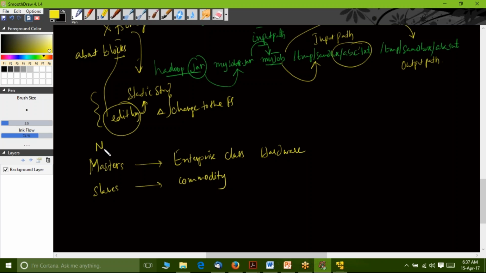Masters means your name node, secondary name node, and your job tracker or resource manager. Then your HBase master. For all these, you need enterprise class hardware. When it comes to the slaves, like your data node and task tracker, and region servers when it comes to HBase, commodity hardware works fine. That's not a problem.